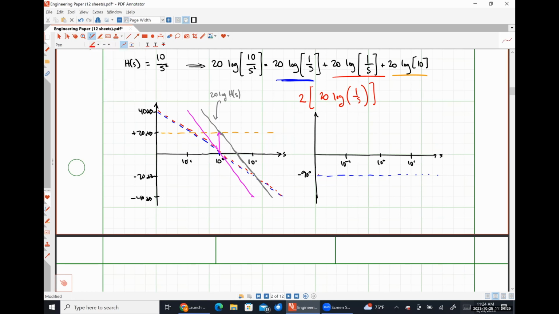The red bit was also negative 90 degrees. The orange bit was 0. So adding all of this together, I get a constant phase angle of negative 180 degrees. Literally also just adding the angles together point by point across the entire frequency spectrum.